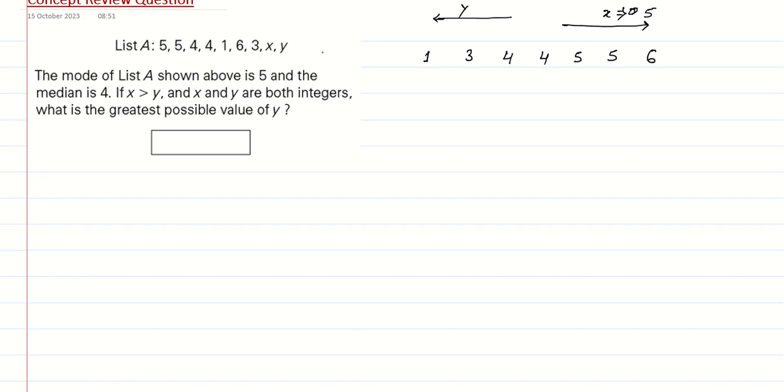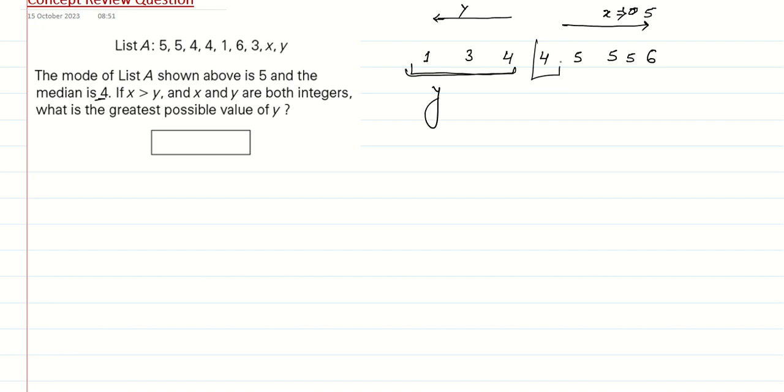So now you tell me, where should I plug in 5? Somewhere here, correct? And what is the median given? 4. So if 5 is here, I should introduce one more number on this side. That is the value of y, right?